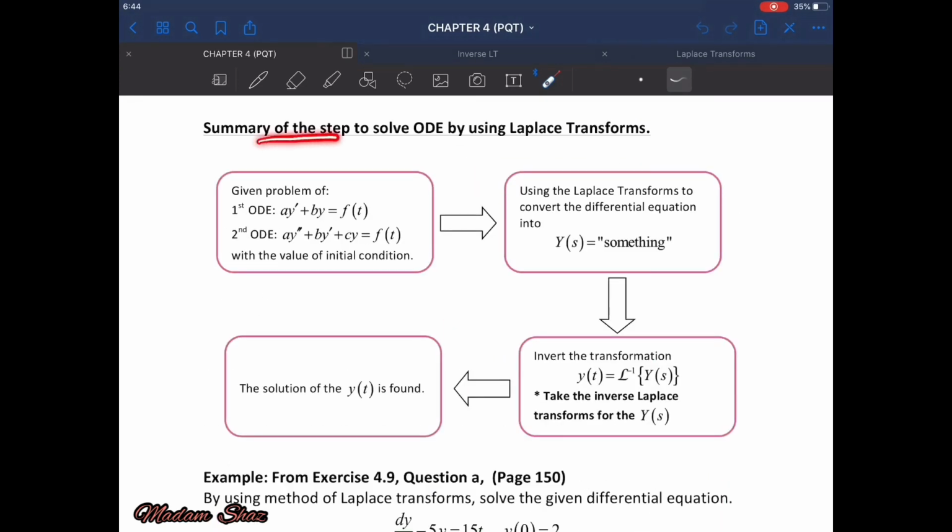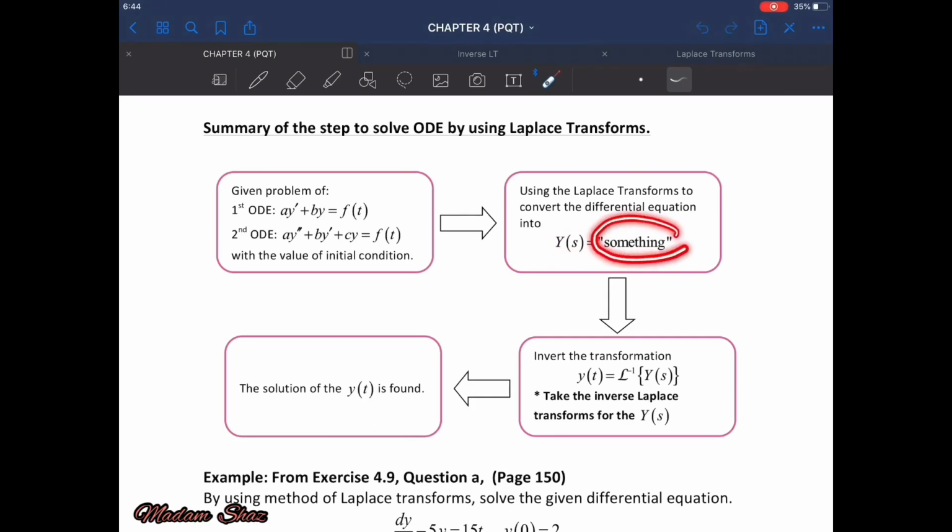This is the summary of the steps on how to solve the differential equation by using Laplace transform. You will be given the problem in terms of first order or second order differential equation with the initial condition. By using the Laplace transform, you will convert the differential equation into Y(s) equal to something.